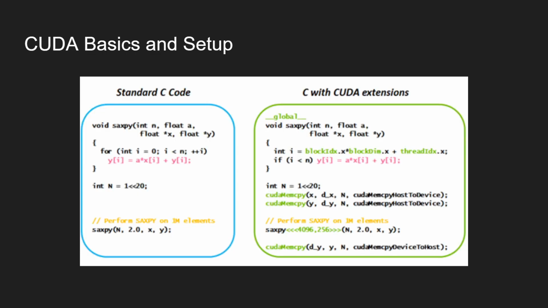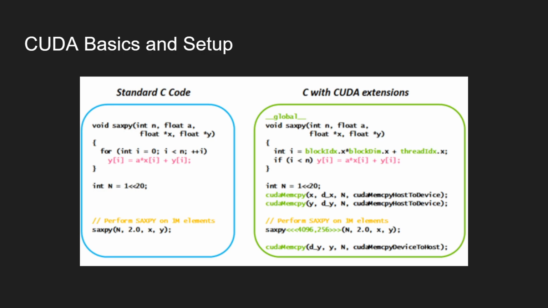All right, so this is standard C code on the left and C with CUDA extensions. This is what I meant by CUDA being a toolkit. It is an addition to a language that enables you to use different threads or kernels for the GPU.